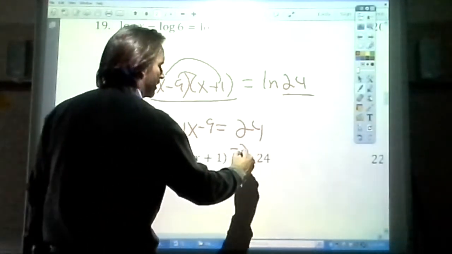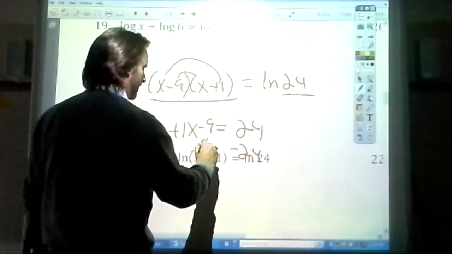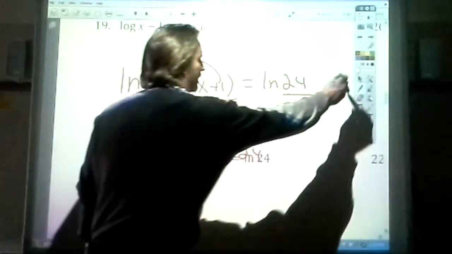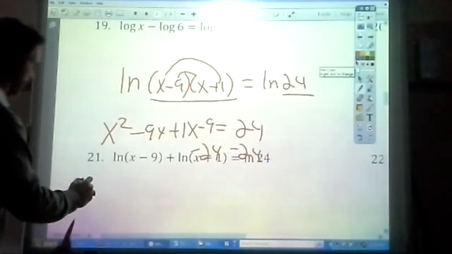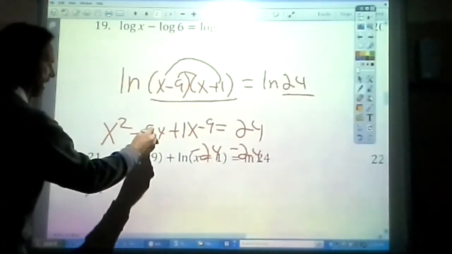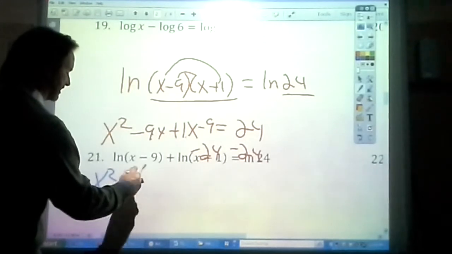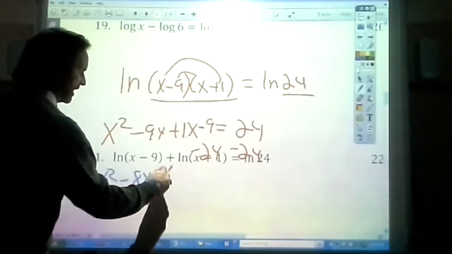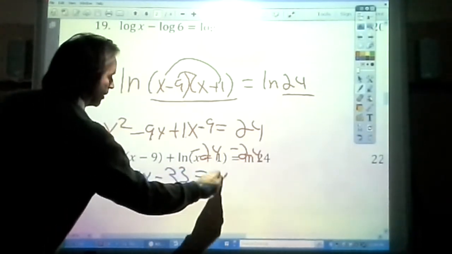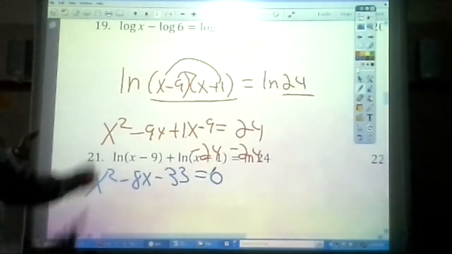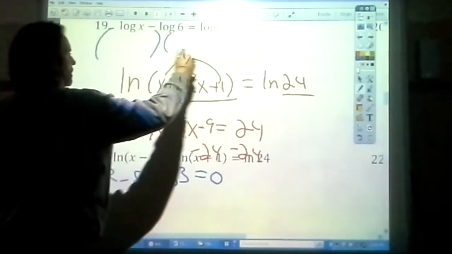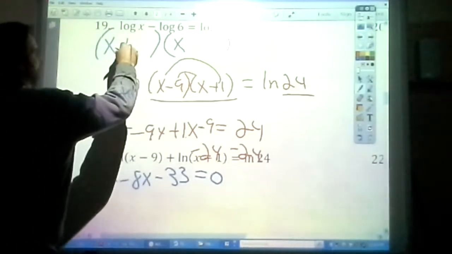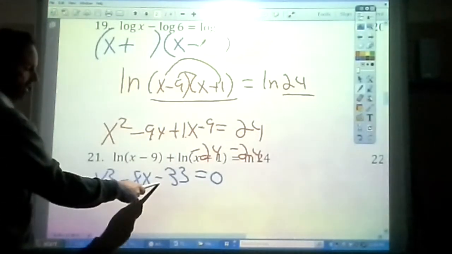So I'm going to minus 24 to get 0, minus 24. Okay? And so what I'm going to end up with is x squared, minus 9x and 1x is minus 8x, and minus 9 and minus 24 is minus 33, and that equals 0. Okay? So when I factor that, I know x, I've got plus minus, because this is minus.